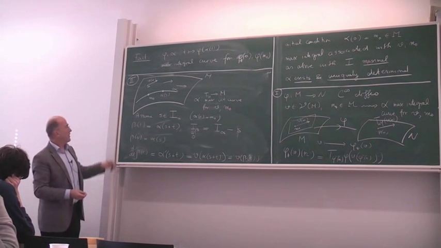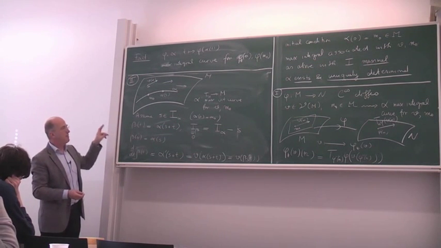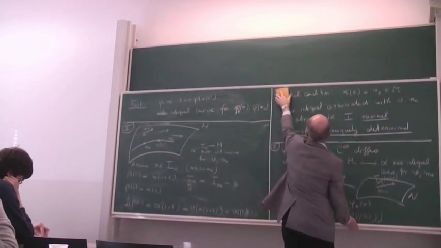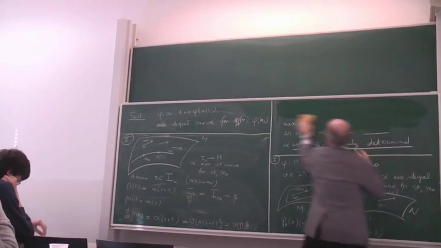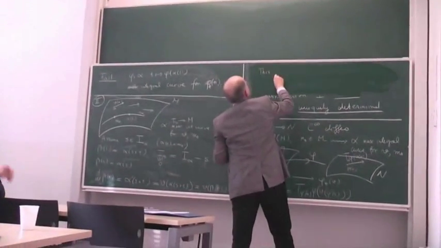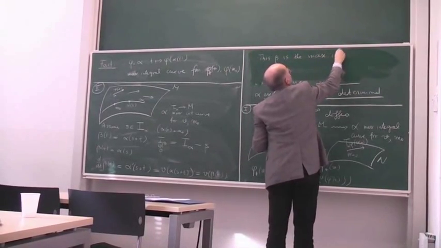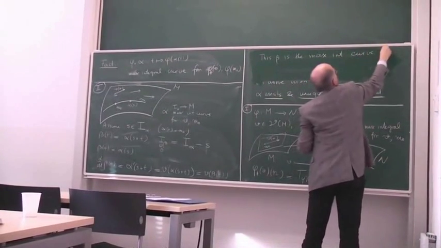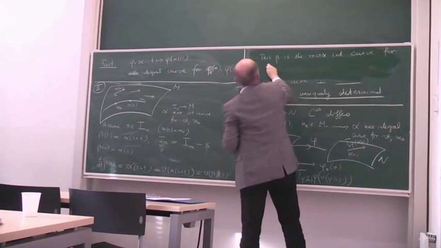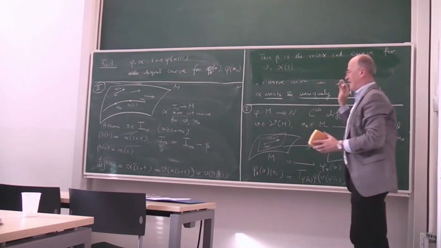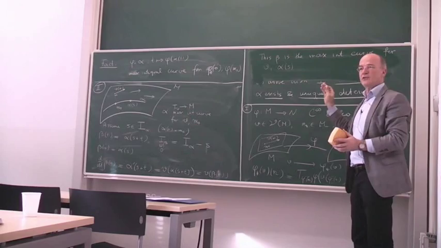So this is the second principle, that the beta defined in this way is the maximal integral curve for the vector field V and the initial point alpha of S. And let me remind you that this maximal integral curve always exists and is unique.